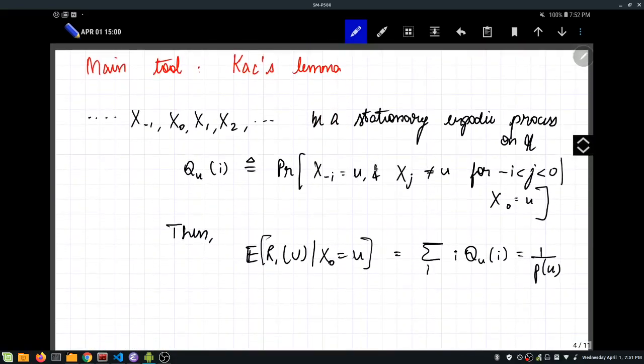The main tool which is used in proving the optimality of LZ77 is a lemma called Kac's lemma, and it says the following.